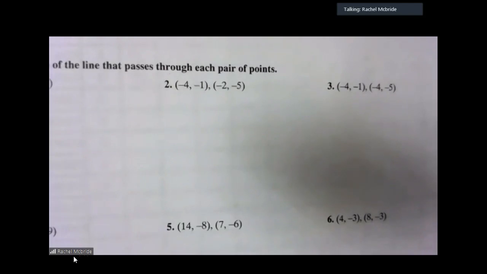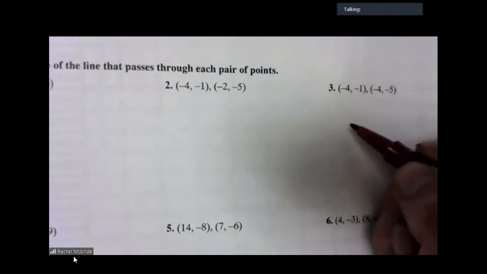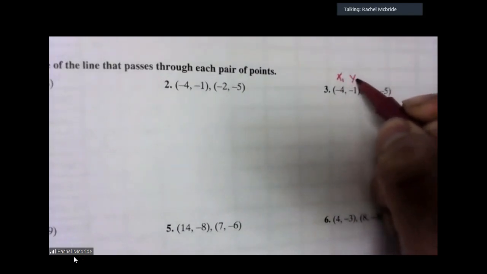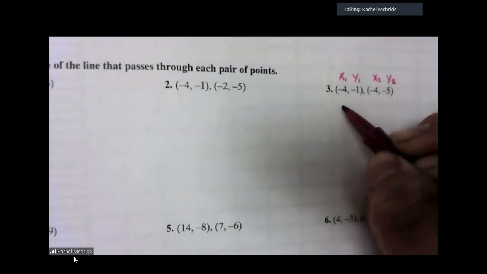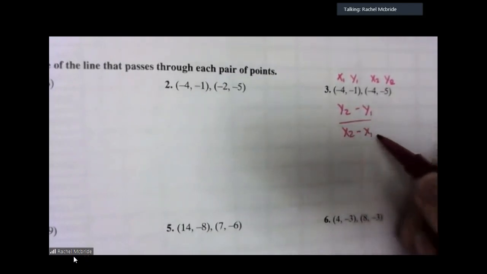Guys, you're going to have a quiz on this probably next Tuesday, so the slope is x1, y1, x2, y2, plugged into our formula, y2 minus y1 over x2 minus x1.